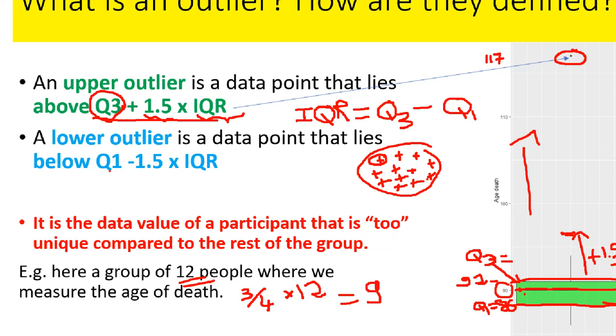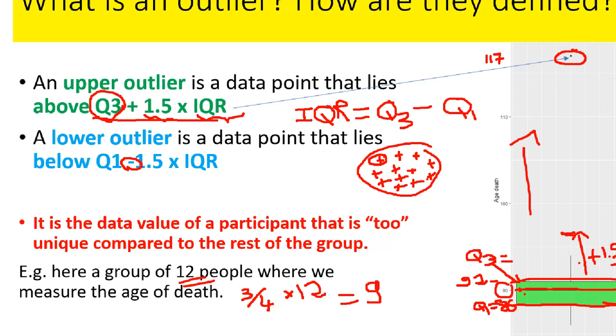Okay? Anything below Q1 minus 1.5 times IQR, the interquartile range, will be a lower outlier. It could be somebody who dies at 21 years old, for example. It's too soon to die compared to the majority of the population of the group that we have here, okay?